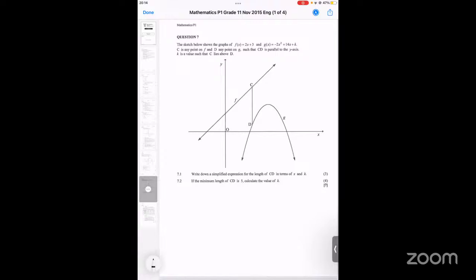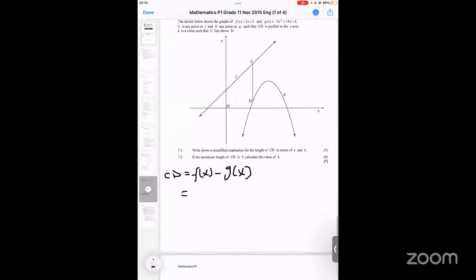Okay, let's see. What did you say, honorable member? One thing for sure, we know that CD should be equal to f of x, being the graph at the top, minus g of x. And then what did you do? Who was speaking there?